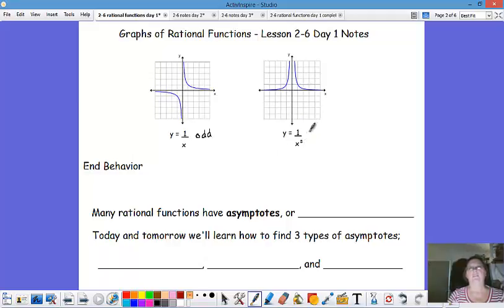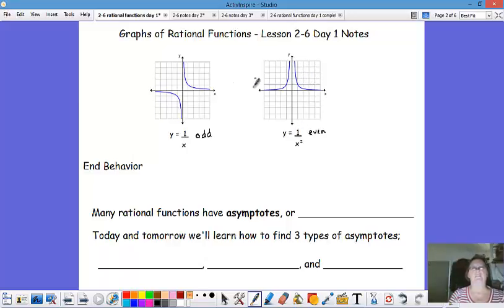When the degree is even, as this one is, still 2 branches. Rational functions are always going to be broken up into at least 2 pieces. But in this particular case, those branches with a positive leading coefficient are in the first and second quadrants.